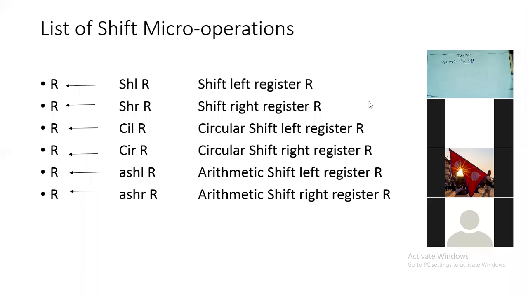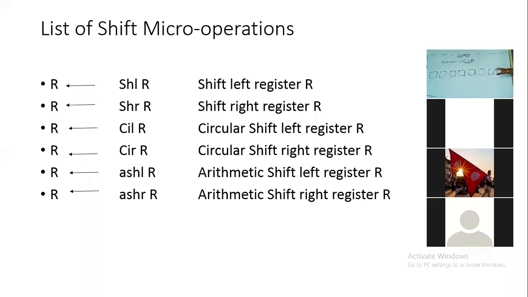Okay, the next is arithmetic shift left. So let us suppose we have 8 bits, 1, 2, 3, 4, 5, 6, 7, and 8.